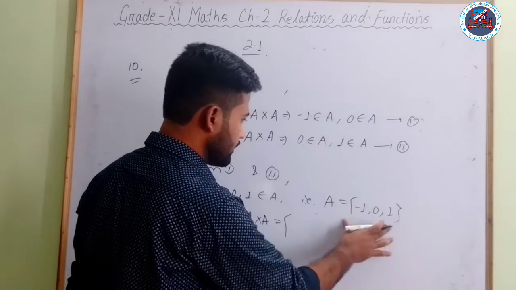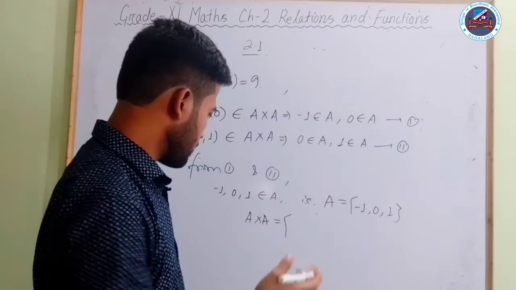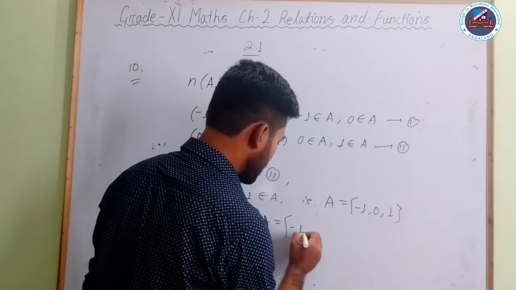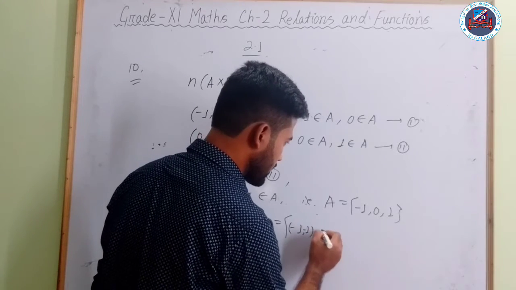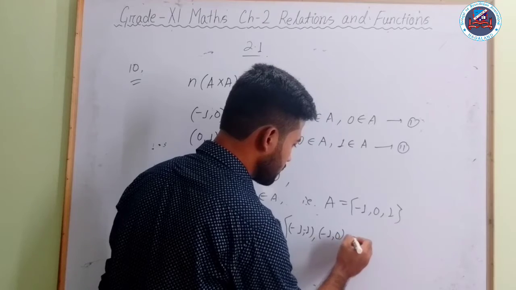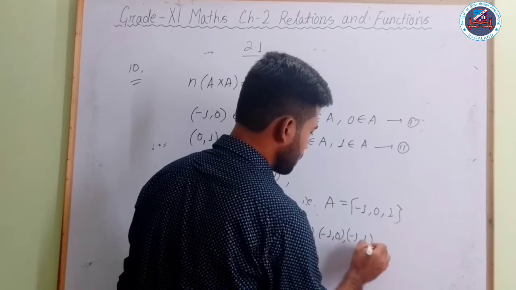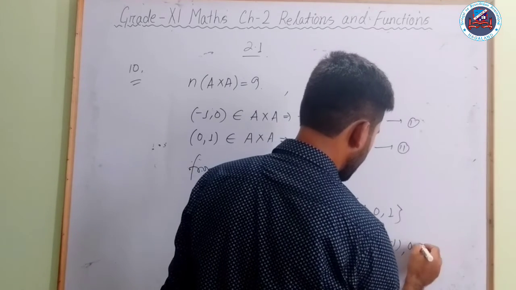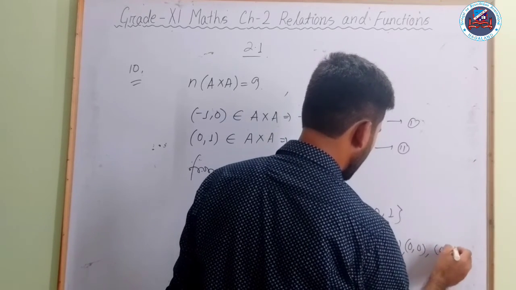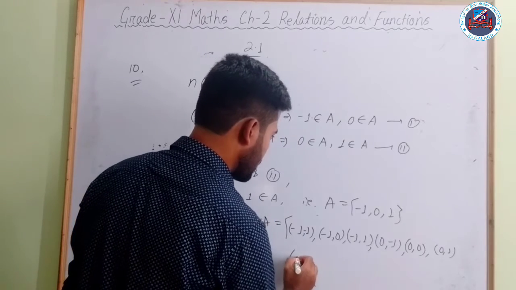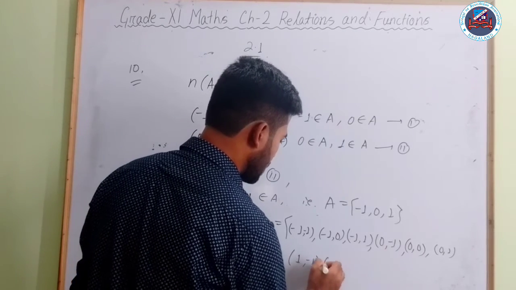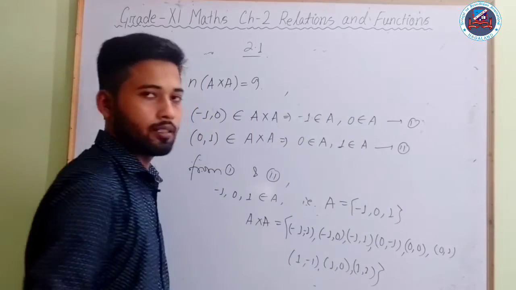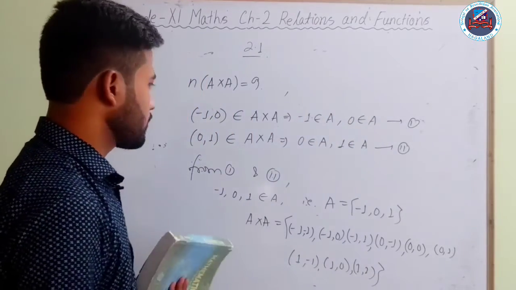A cross A will be the same set Cartesian product with the same set. That is, the elements will be (-1, -1), (-1, 0), (-1, 1), then (0, -1), (0, 0), (0, 1), last ones are (1, -1), (1, 0) and (1, 1). So we have got 9 elements of the Cartesian product of A and A.